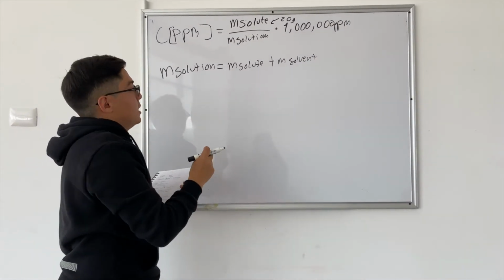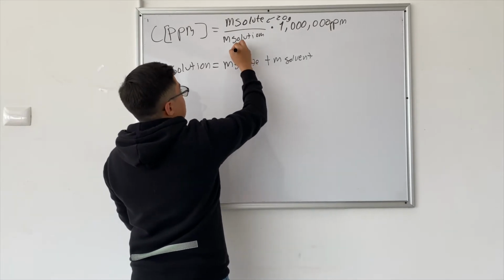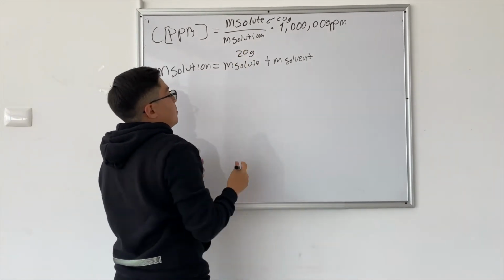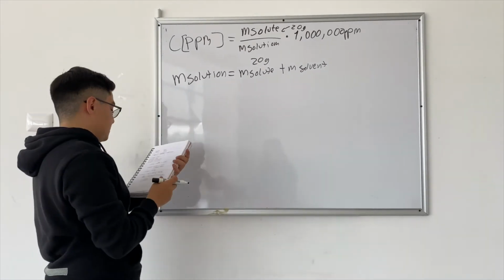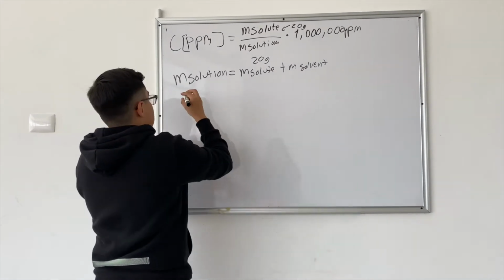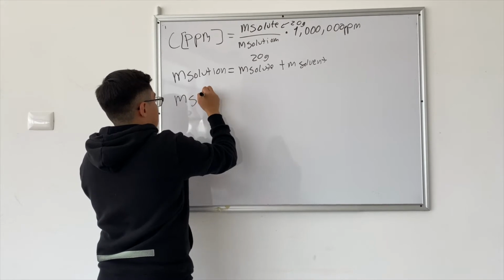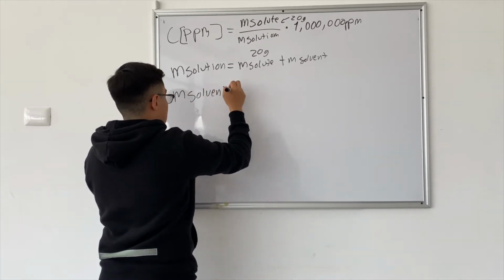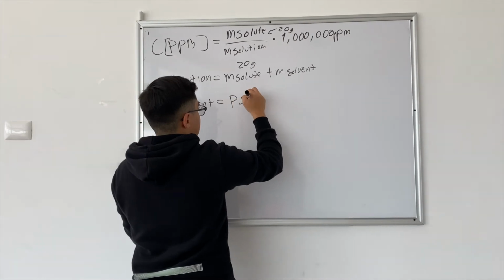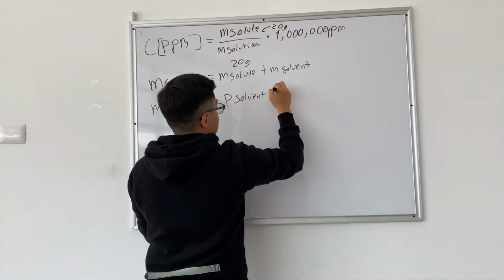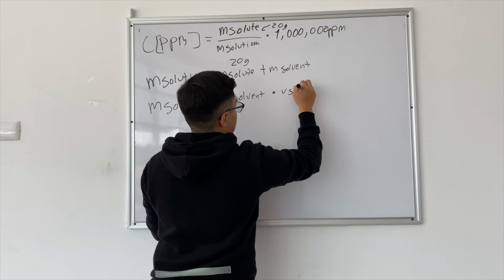So we know that mass of the solute equals 20 grams, but we don't know what is the mass of the solvent. So we're going to use this equation. Mass of the solvent equals density of the solvent times volume of the solvent.